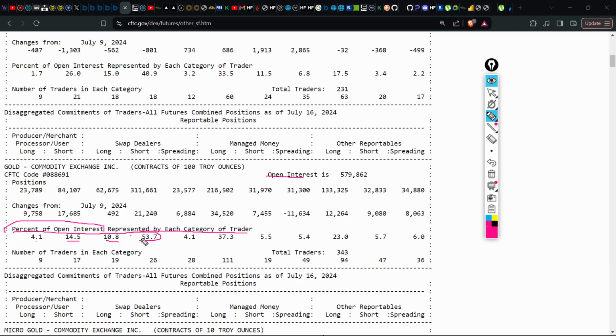Let's circle that. 4.1, 37.3, 5.5, 5.4. This is 23, 5.7, 6.0. So essentially you can see there is one number here that's standing out a bit too much. This is 53.7, the percent of open interest represented by each category of trader.